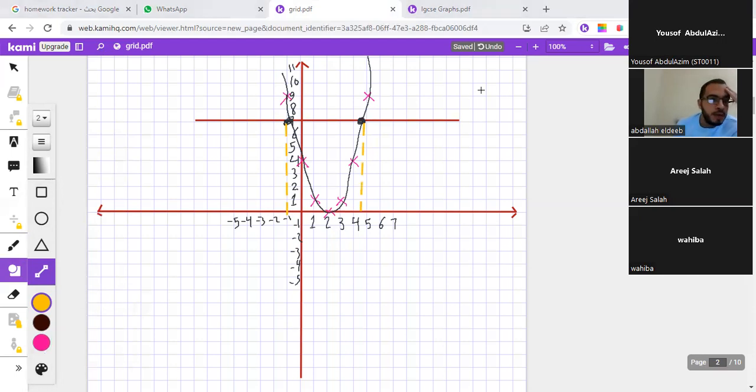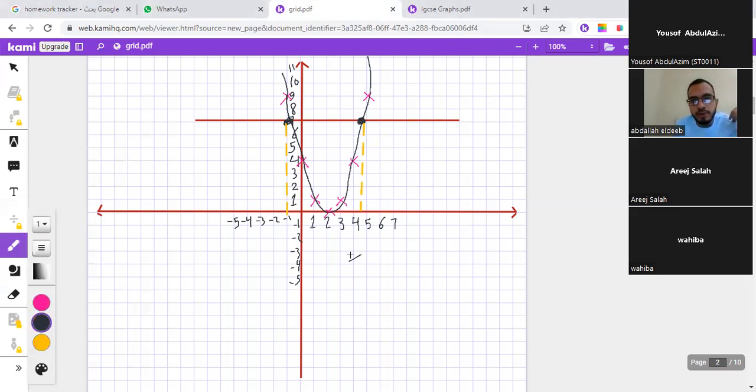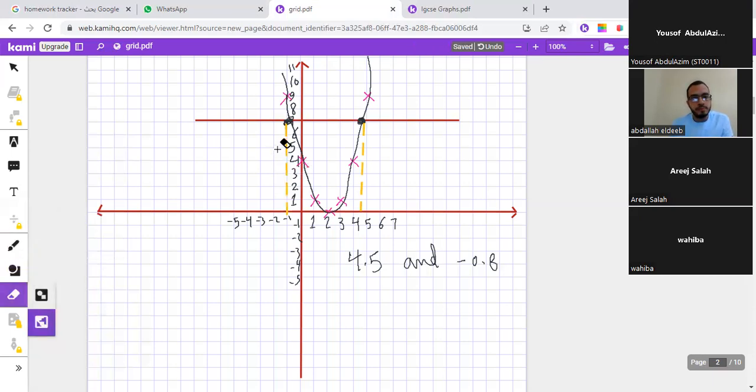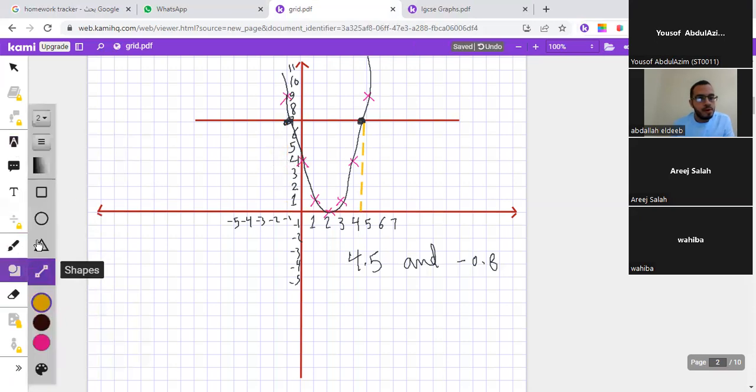For me it is 4.5 and -1, or negative 0.8, because I guess it's here. So 4.5 and negative 0.8, this is the solution.